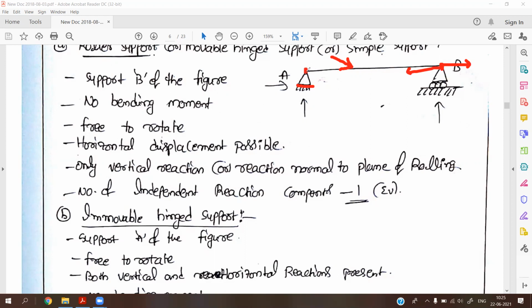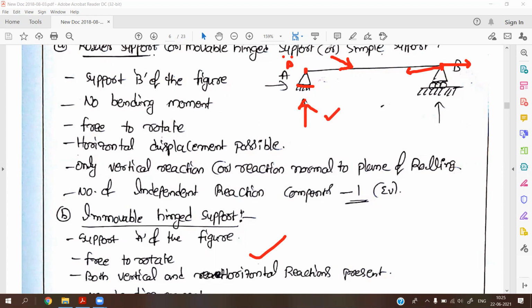So the point A, before and after the application of the load, does not change in this direction. Therefore it offers a horizontal reaction. It also does not move in the downward direction. Hence the immovable hinge support offers a vertical reaction also.